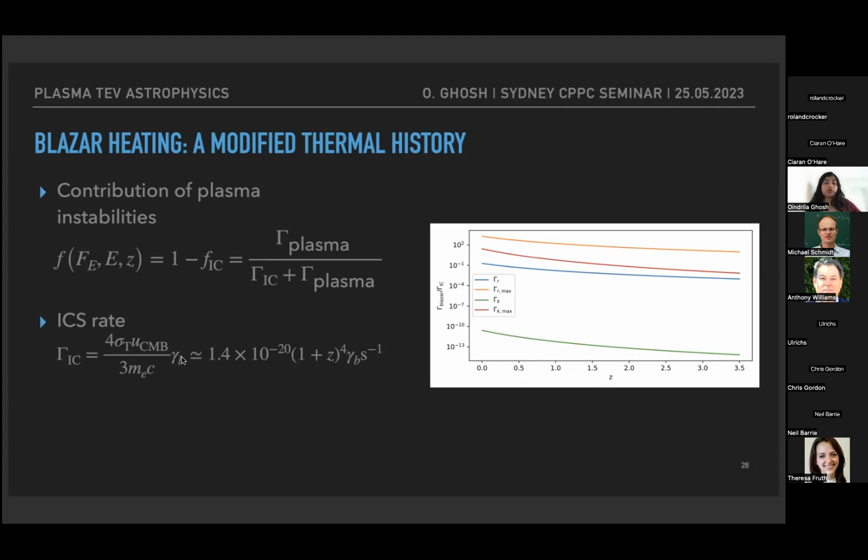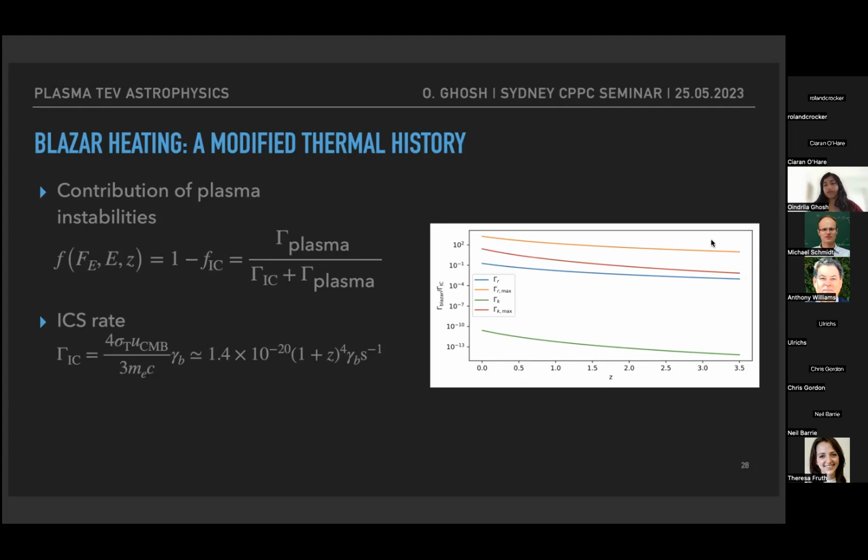So if you consider the redshift dependence of the ratio of these two losses, you see that the effect of this blazar heating is more pronounced at late times.